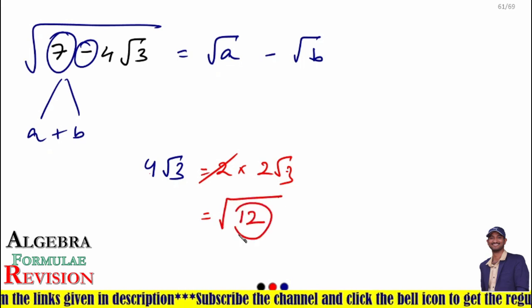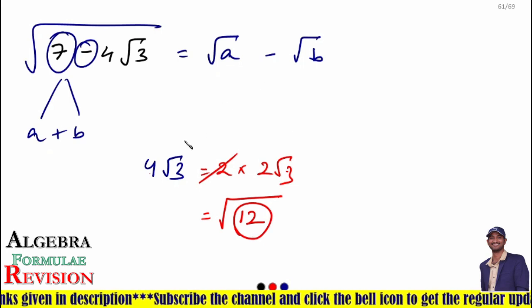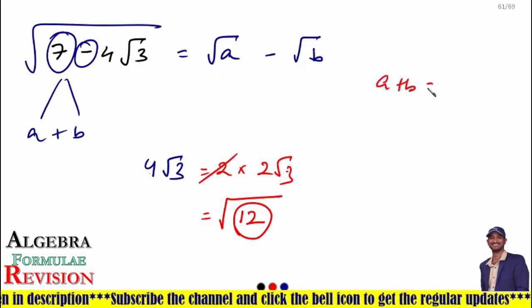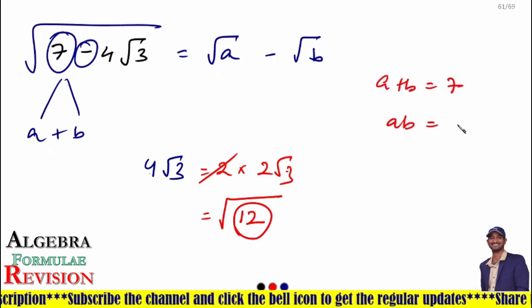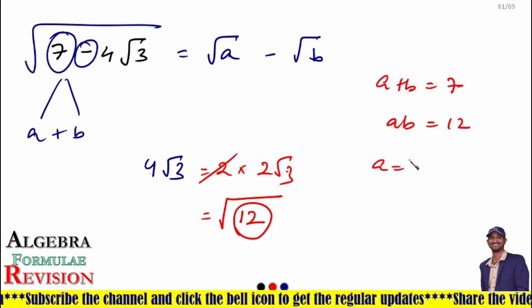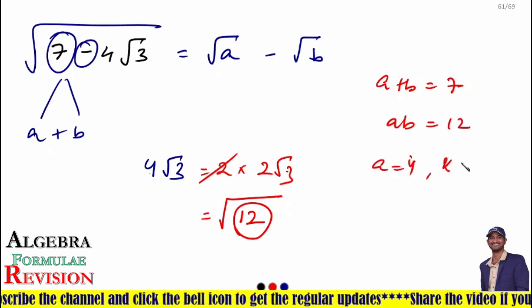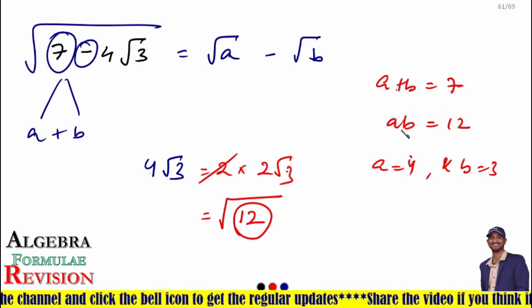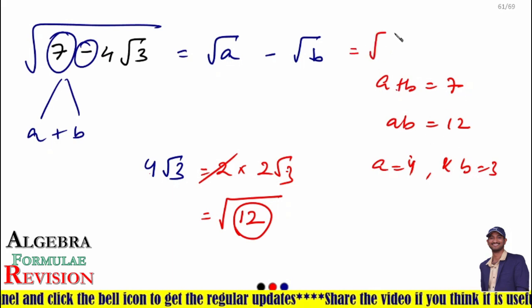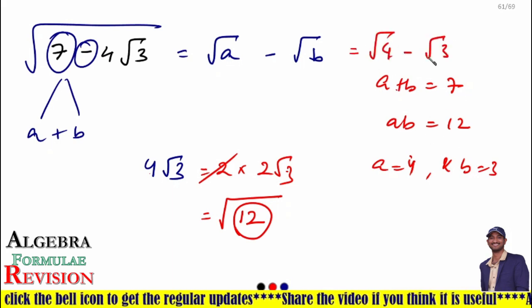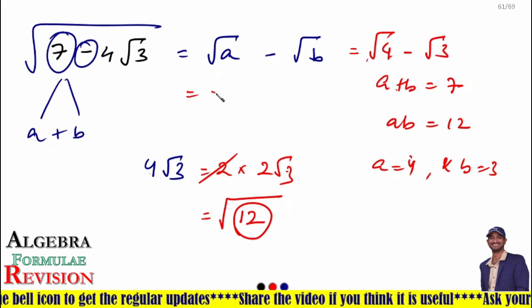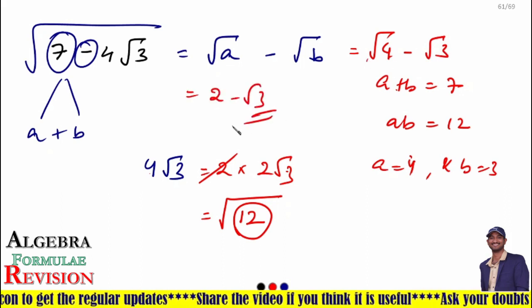So the square root of that number should be equal to the product of the values. So a plus b is 7 and ab is 12. What are the values of a and b? 4 and 3. Yes or no? 4 plus 3 is 7, 4 into 3 is 12. So what is the answer? Square root of 4 minus square root of 3. Square root of 4 means 2, so 2 minus root 3 is the correct answer.